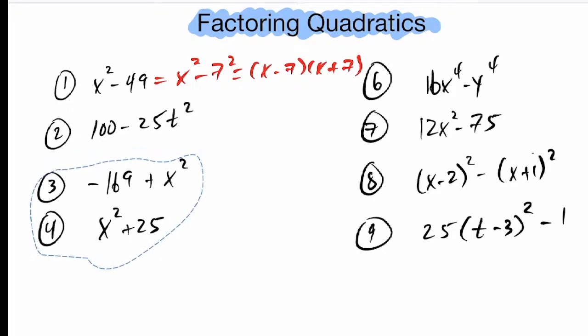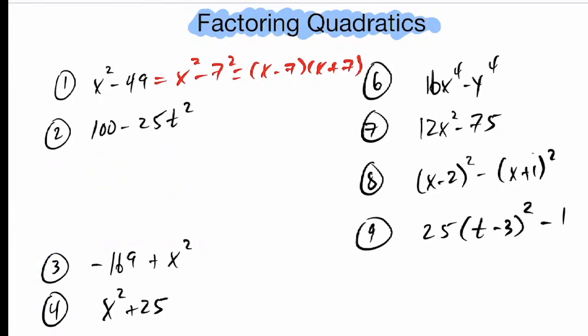With the next one, the idea is you don't always have to have the variable in the front. Most of them do, but that's not always the case, and that's what I'm doing in 2 here. I just need to write this as a power of 2 and write this as a power of 2. The 25 can be expressed as 5 to the power of 2.